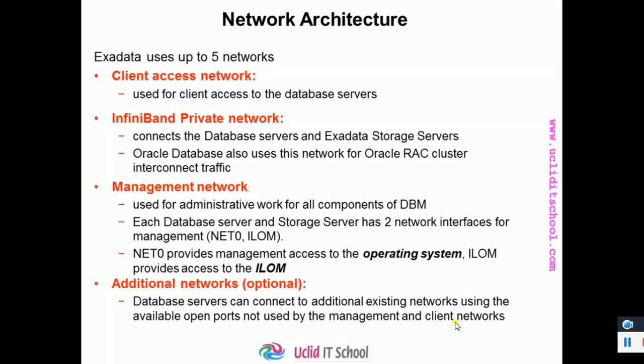The management network is used for administrative tasks on the database machine and its various components. Every database server and storage server has two network interfaces for management, named NetZero and ILOM. NetZero provides management access to the operating system. ILOM provides management access to the hardware.